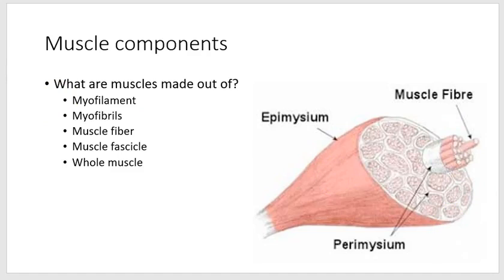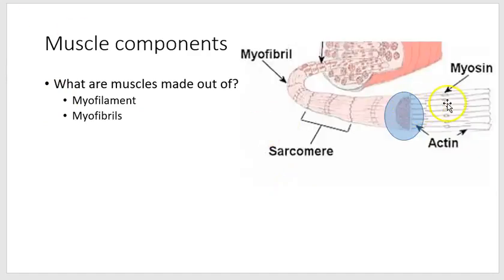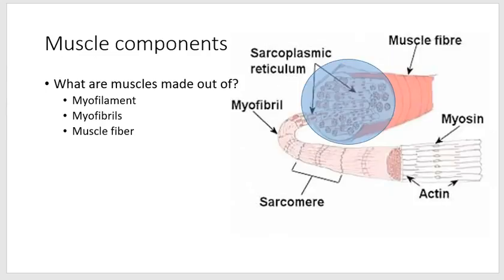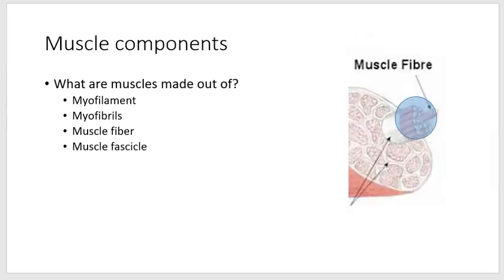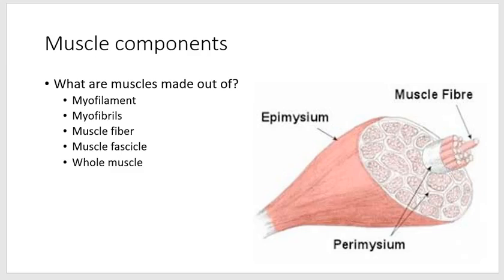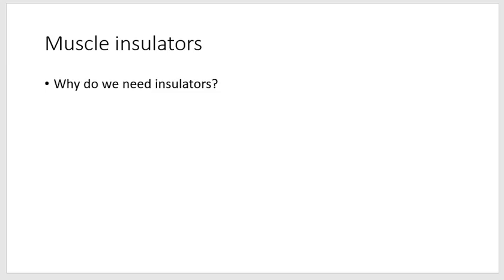And so you have these little filaments that make a fibril. The fibrils make a fiber. The fibers make a fascicle. And the fascicles make up the entire muscle. Each one of these things, those fibers to fascicles to the entire muscle, are wrapped in insulators.